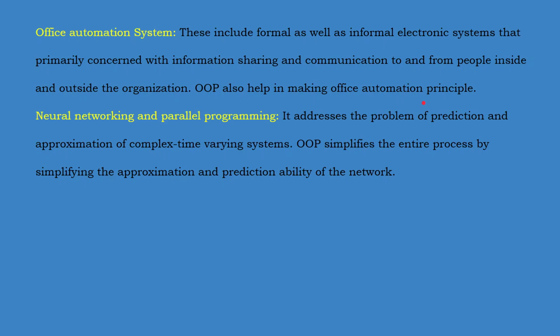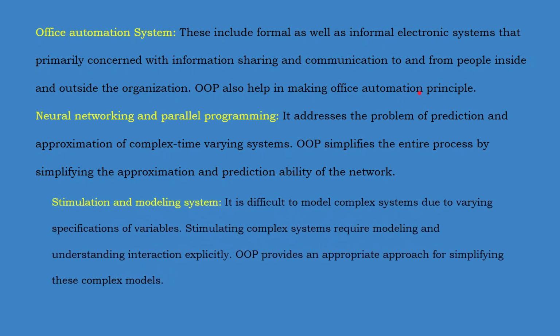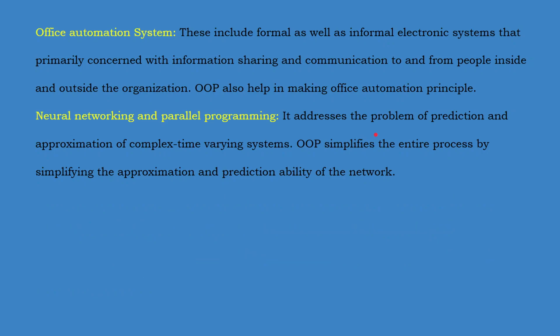Neural networking and parallel programming address the problem of prediction and approximation of complex time-varying systems. So when there's a complex system which is based upon so many parameters. As the name implies, neural networks means neural is the neuron which our brain has.